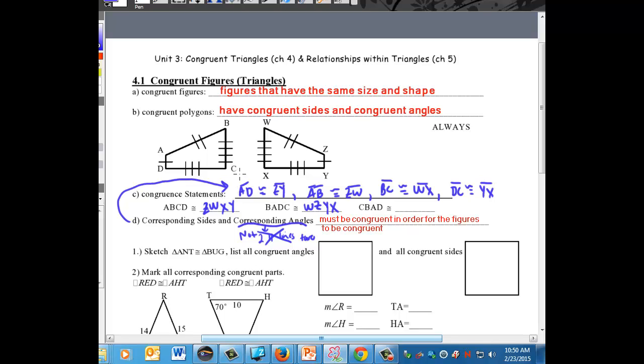Okay, so just know that these terms mean that they are each congruent. So when you see the term corresponding, you want to think congruent. Alright, and then if we went CBAD, we would have to go which way? We would say X, we would say W, we would say Z, and we would say Y.